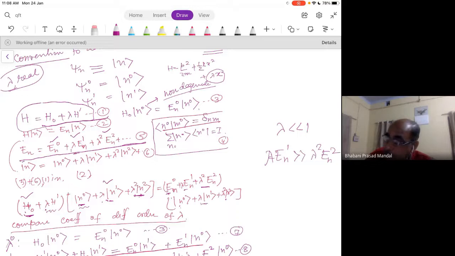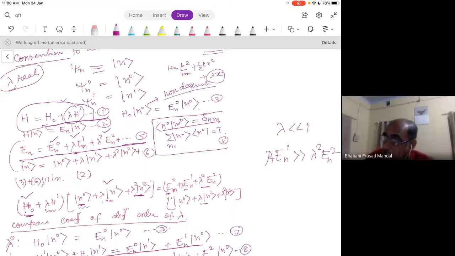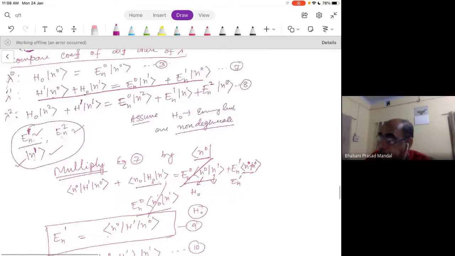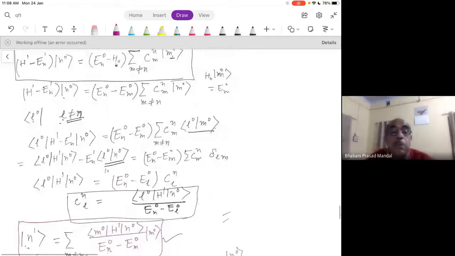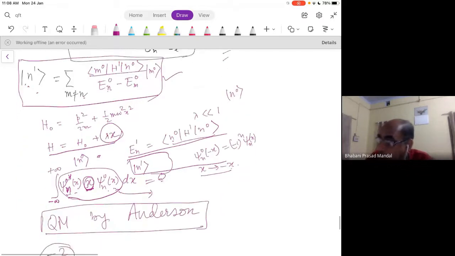There is no approximation here. I use a lambda here to make sure that this term is smaller compared to this term. Otherwise, this method will not be valid. This equation 1 is the full Hamiltonian. So please make a difference between prime and 1, 2, 3.